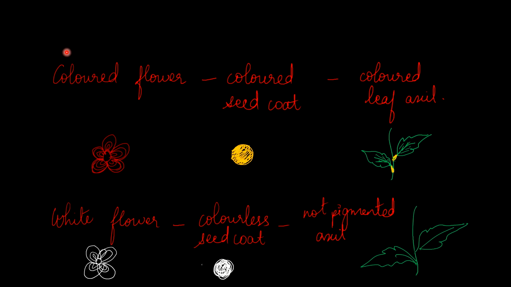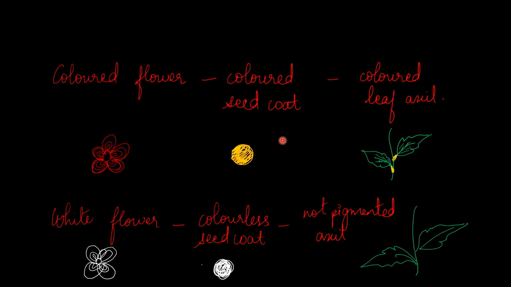Now, when Mendel was observing the pea plant, he had a very striking observation that colored flower was always associated with colored seed coat and colored leaf axil. So this is the axil, which is a connecting point between the leaf and the stem.